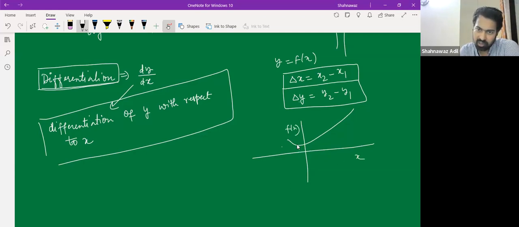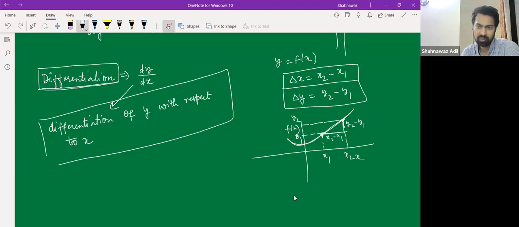At this point, this is some x1 and this is y1, and this is some x2 and this is y2. This side would be y2 minus y1, and this would be x2 minus x1.